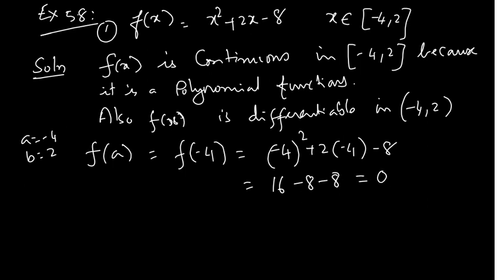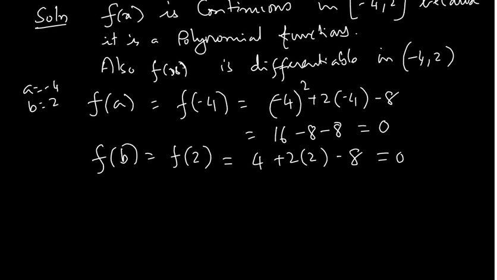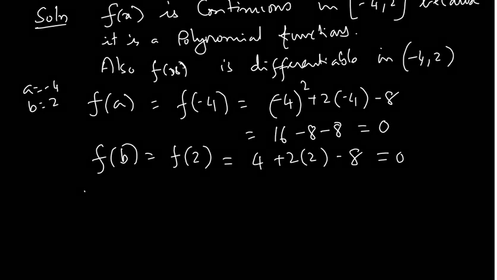Correct? So f of b equal to f of 2, that's equal to 4 plus 2 into 2, 4 plus 4 minus 8. This is also equal to 0. Any questions? So therefore f of a equal to f of b.